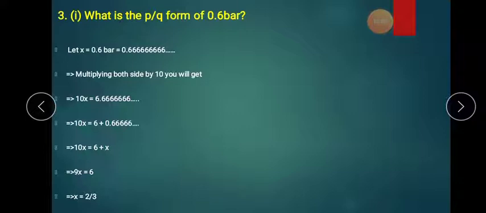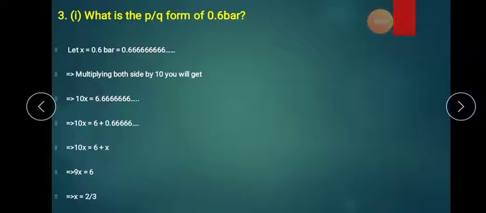Okay, let us move. So 10 into x equal to, now see, if you multiply this pattern with 10, this decimal point will shift 1 to the right side. Means this decimal point will jump one step towards the right hand side.